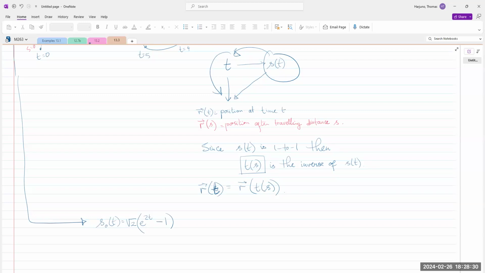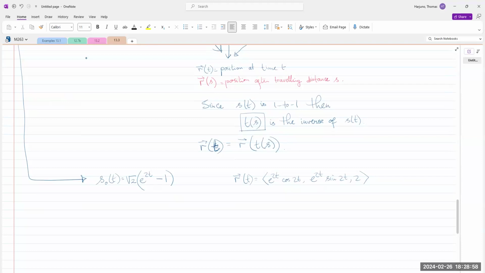Now notice that we have the vector function R(t), which is e to the 2t cosine 2t, e to the 2t sine 2t, and then 2. Once you tell me the time, I can tell you the position. Now, can we find how far you have traveled? Tell me the position. And to do that, I need to find t as a function, the time as a function of distance traveled.